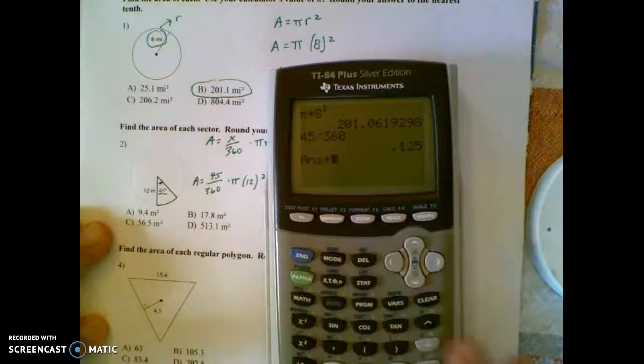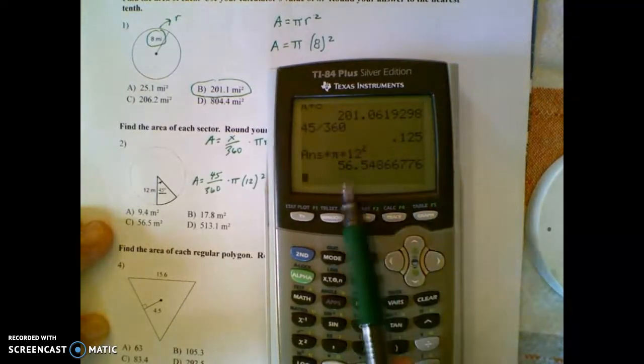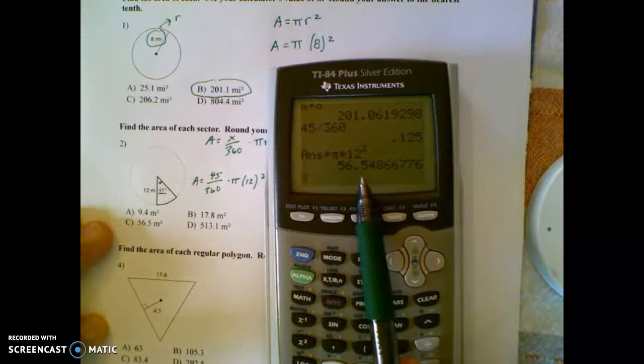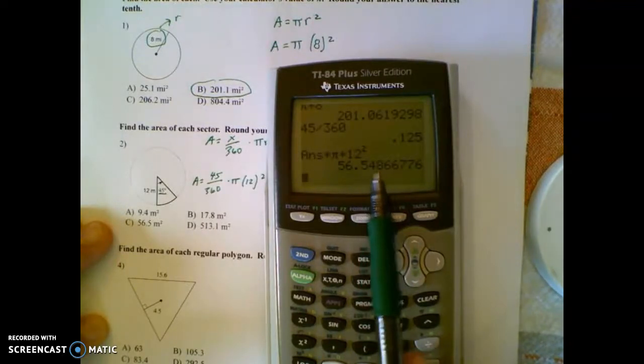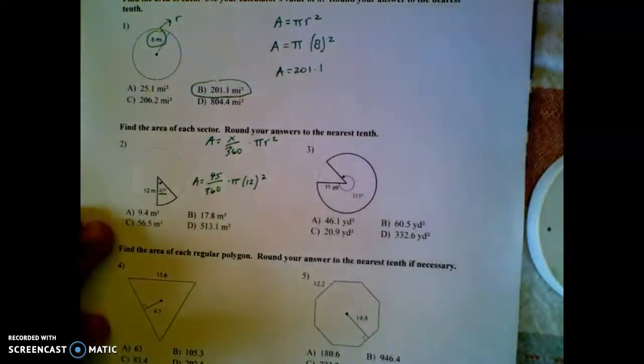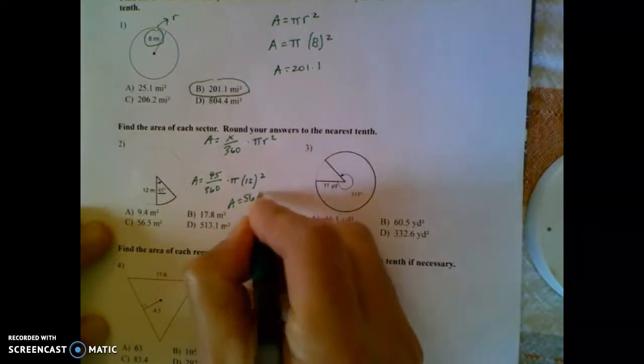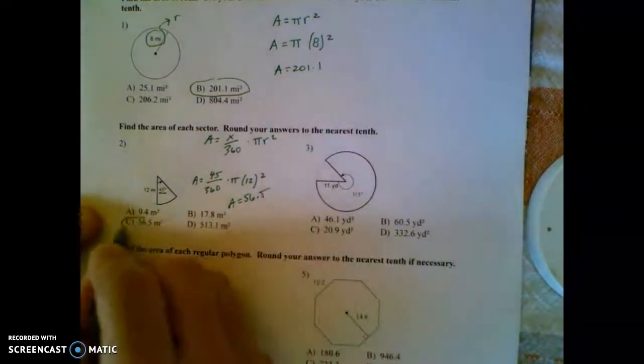Then I'm going to multiply by pi times 12 squared. So I end up with 56.5. If I round to the tenth, again, I see there's a 5 there, but there's a 4 behind it. Don't go to the 8, just go to the 4. So I just stay at 5. So it'd be 56.5, which is option C.